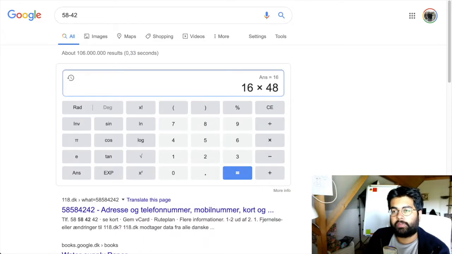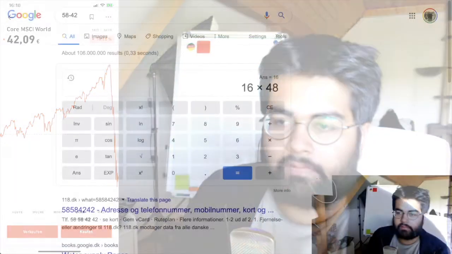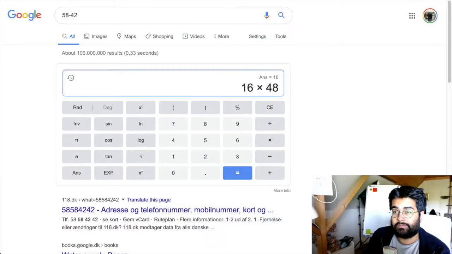And when the stock prices come back around the level where they were before the crash, maybe around 55, 50 or 60, then you are already going to have a profit of around 768 euros just because you bought cheap. And then afterwards, of course, there's only going to be an upward journey. So these are really important.